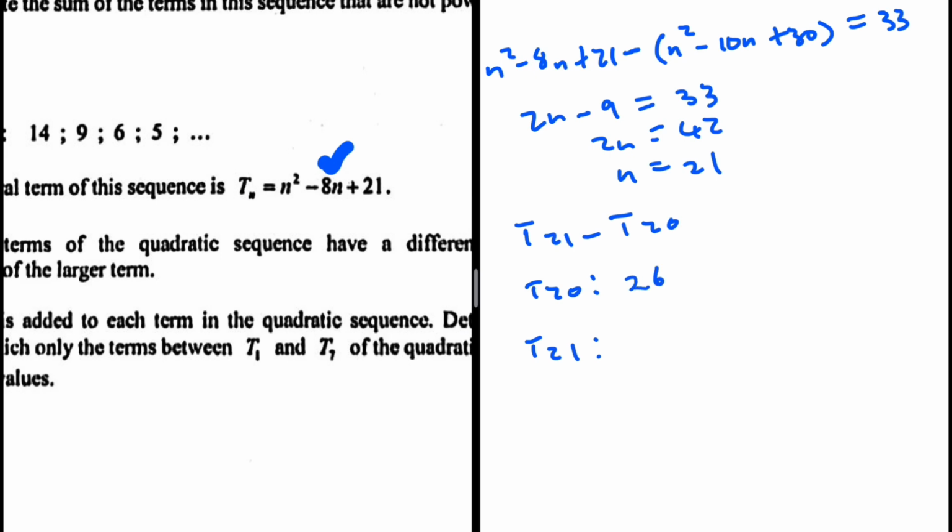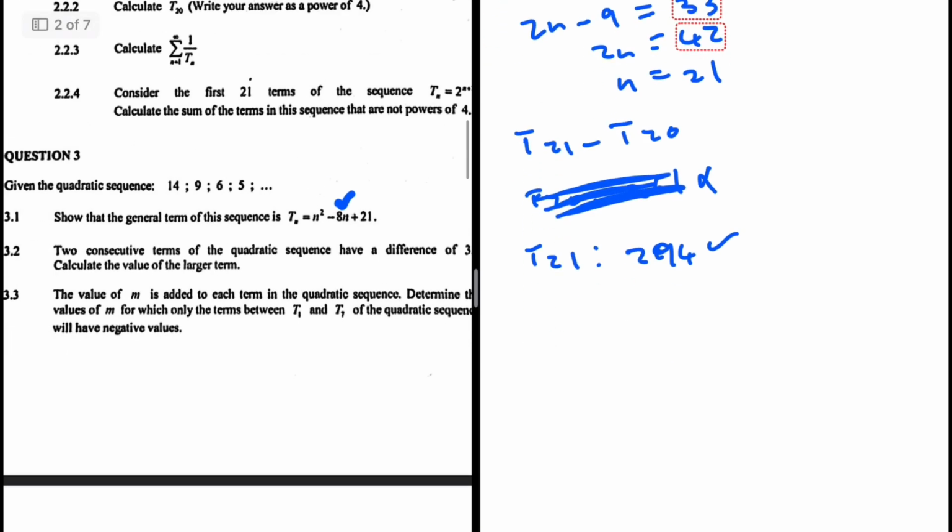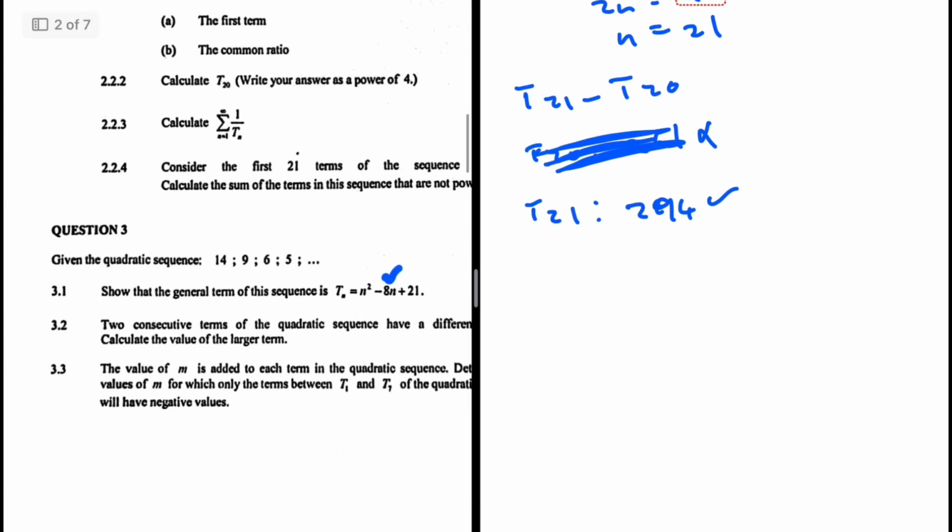This is 261. And then T21, supposed to substitute 21 now. Okay, so let me do that and see. I get 294. So 294 is the answer that we are looking for. Not T20, we're looking for T21. So there we go with T21, which is 294.